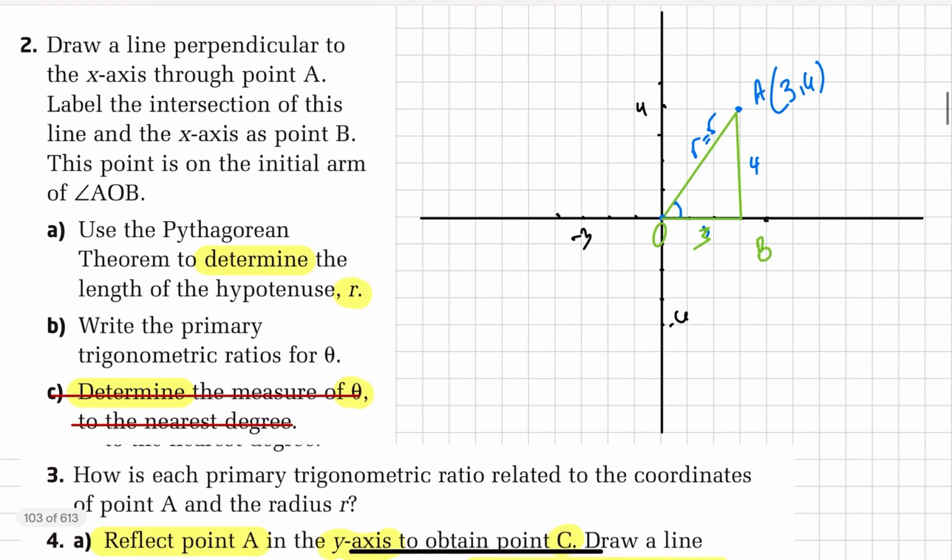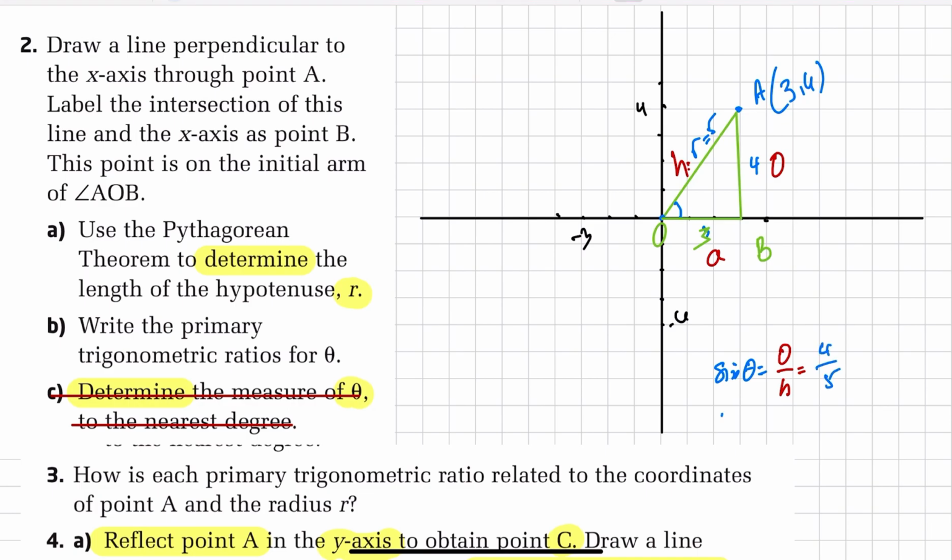Now we write the primary trigonometric ratio of theta. The sine of theta is the opposite over the hypotenuse, which is 4 over 5.